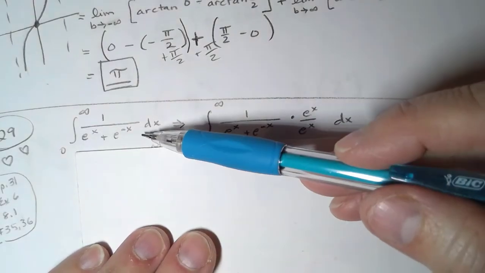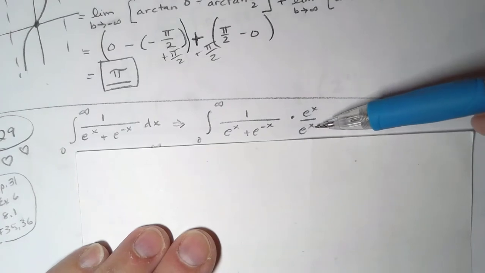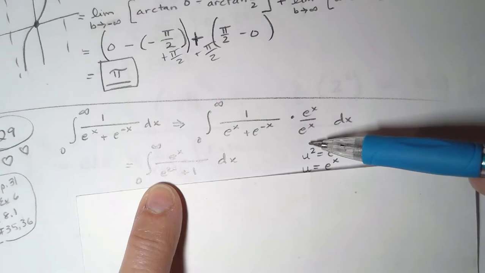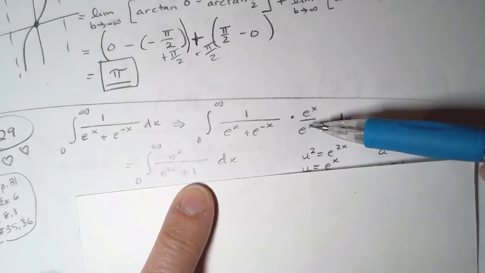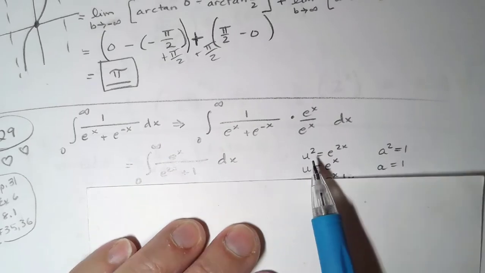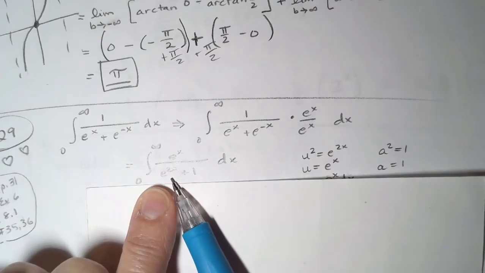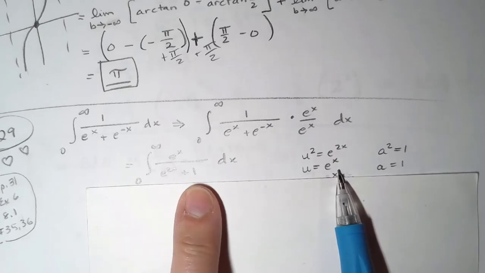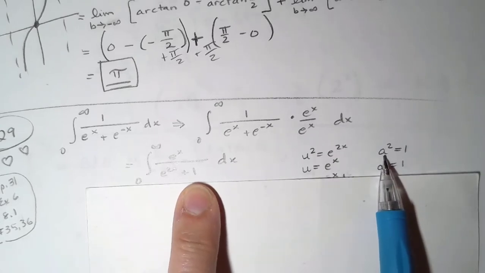So what we're going to do is multiply by e to the x over e to the x, and we get this. I get e to the 2x plus e to the 0, which is 1. Now, look at what we have here. If my u squared is e to the 2x, that makes my u e to the x. Look at this, I'm looking at an arctan form here.